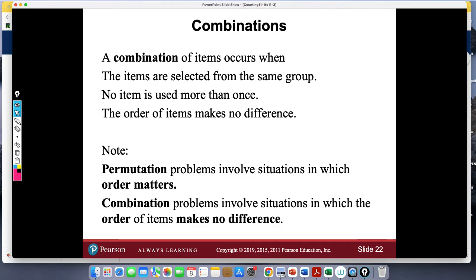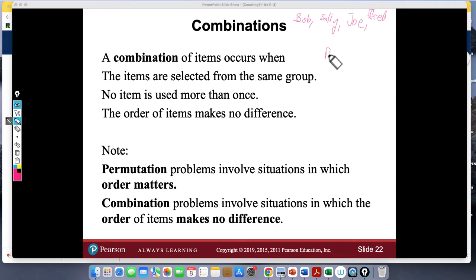And so combination is when the order's not really important. So again, if we had a committee, we've got Bob, Sally, Joe, and Fred. And let's say we need 2 people to go do something.